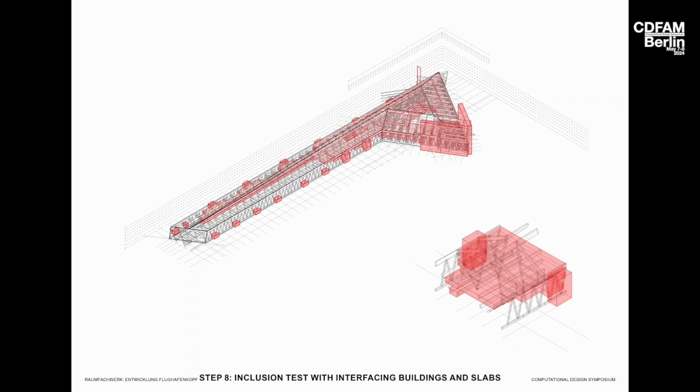So we use these elements for inclusion tests because, for example, we have an irregular slab outline on each level, and the beam distribution is very much dependent on the slab outline. So we use these slabs for an inclusion test, so you only have beams where you have slabs.